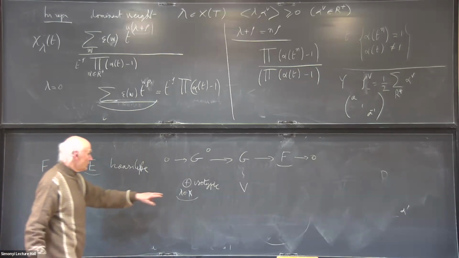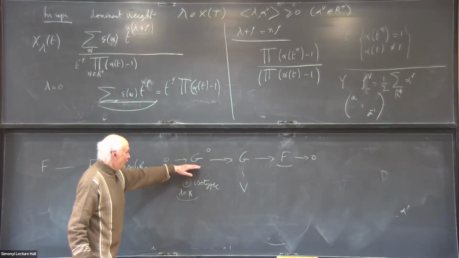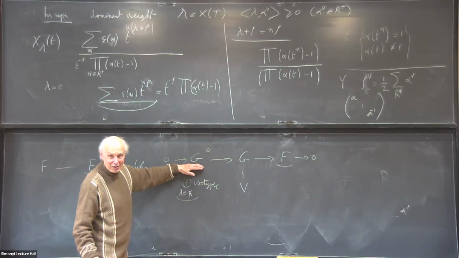So let us first suppose that the representation V is not isotypic when restricted to V0.